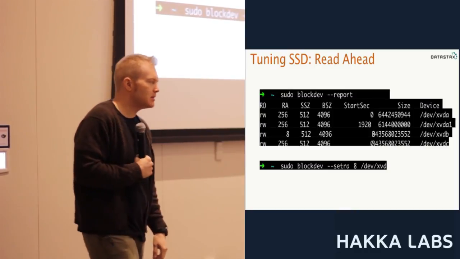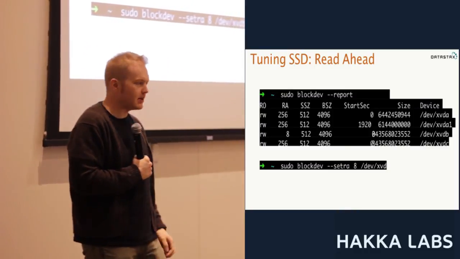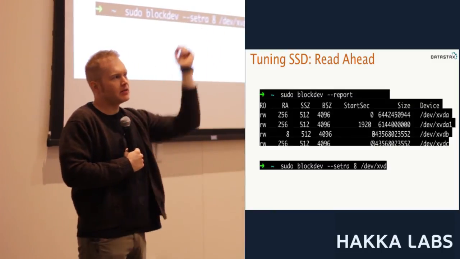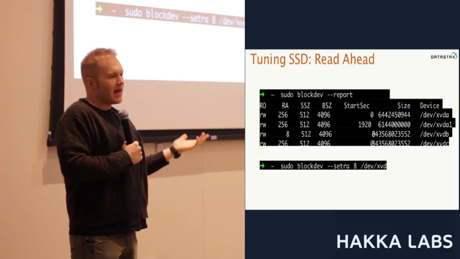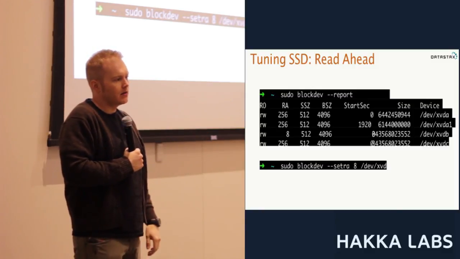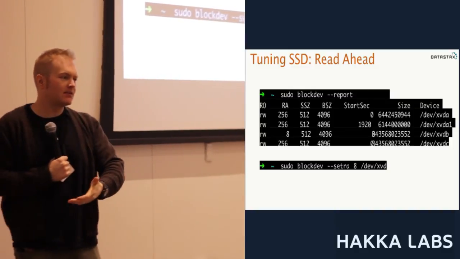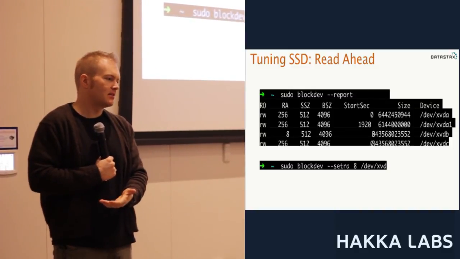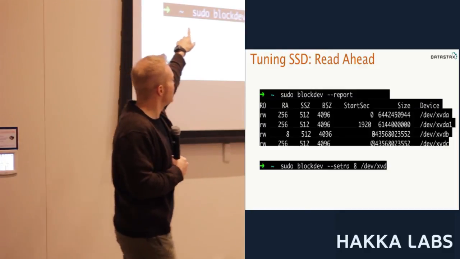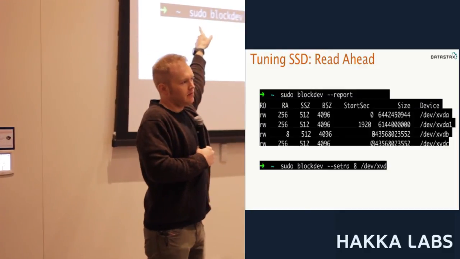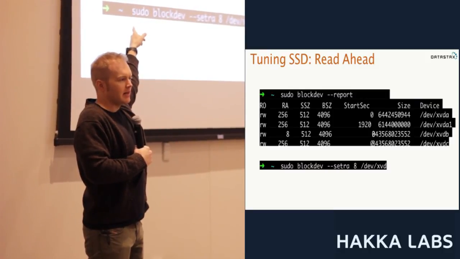In SSDs, random seeks are free. There's no reason to do that. You could be doing, let's say, 1 meg per second of true throughput, but because of read-aheads, you're asking the disk to do 16 megabytes per second of actual throughput. So by setting this read-ahead to 8, which it should be for most SSDs, you're eliminating that.